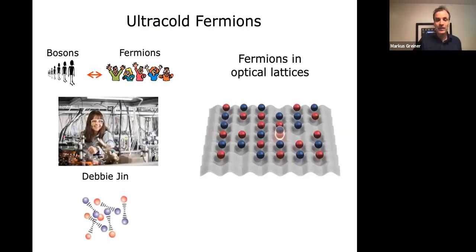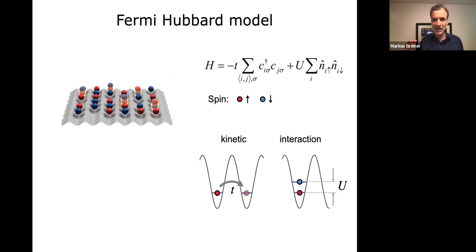So the whole research with fermions was started by David Jin, but what I will be talking about is fermions in optical lattices, and you saw the talk already by Emmanuel Bloch, who gave a very nice introduction. So I will keep the introduction short and not motivate that anymore.